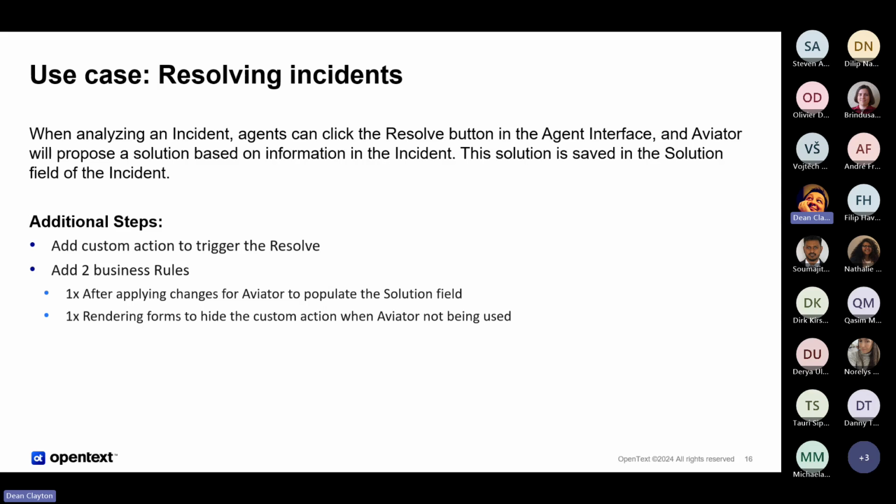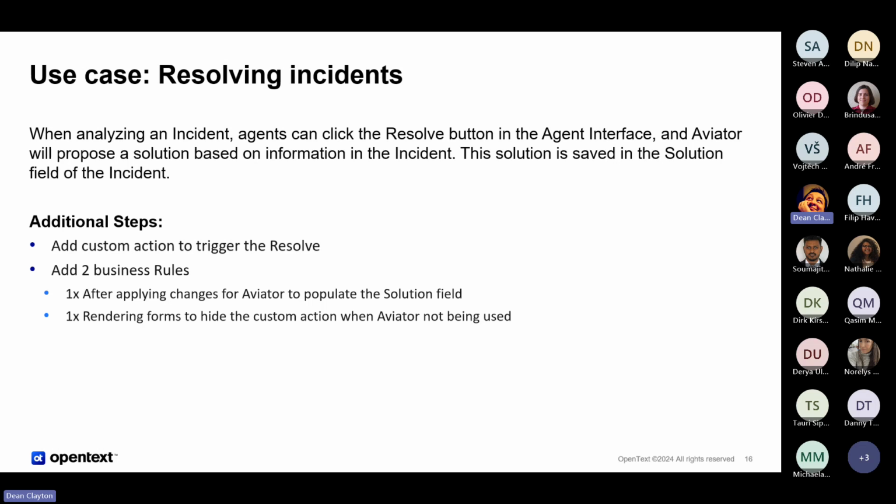When an incident is created, or even when it is within its life cycle, by clicking a resolve custom action in the agent interface, Aviator would propose a solution based on the information in the ticket, also taking into account similar tickets. So it's using that new Aviator search workflow business rule.